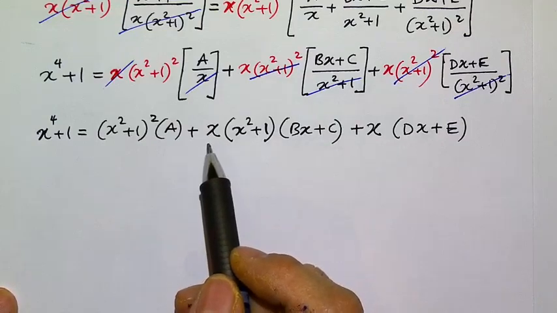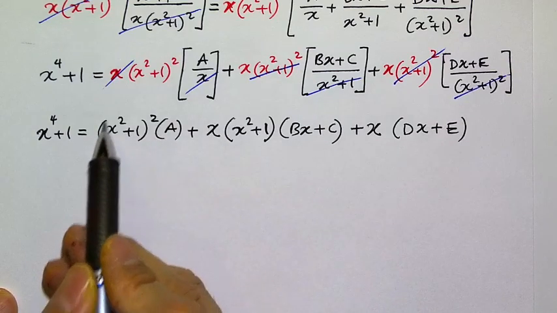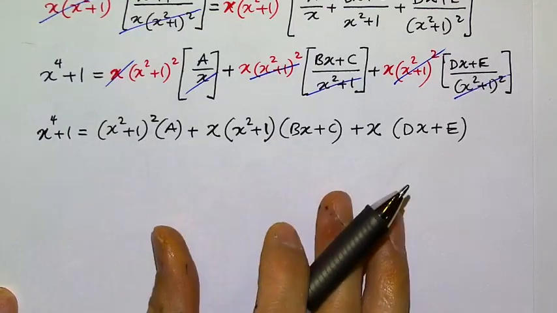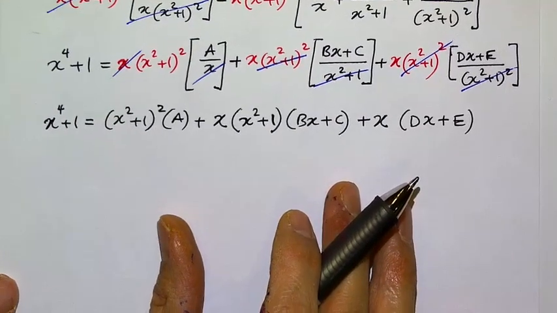Do you remember? What we do is we expand this, FOIL this, expand this, and then distribute next, right? So let's do that.